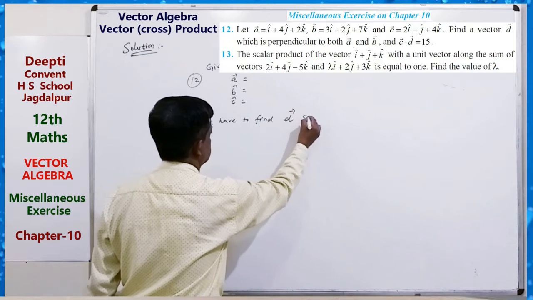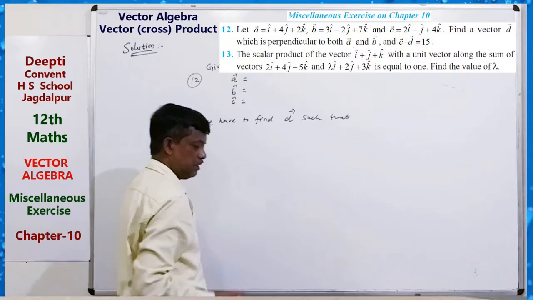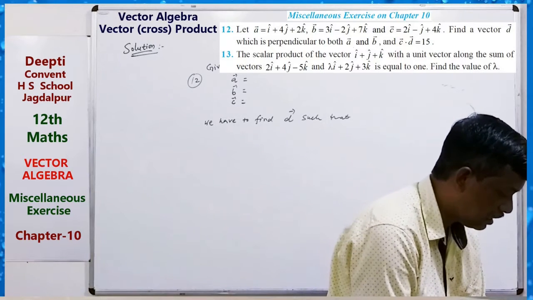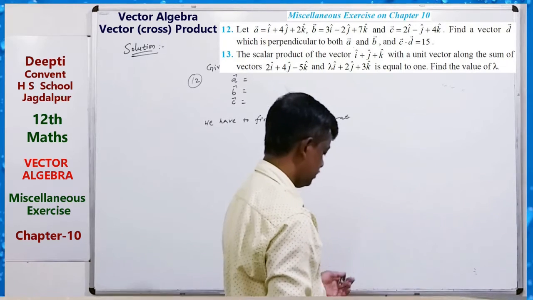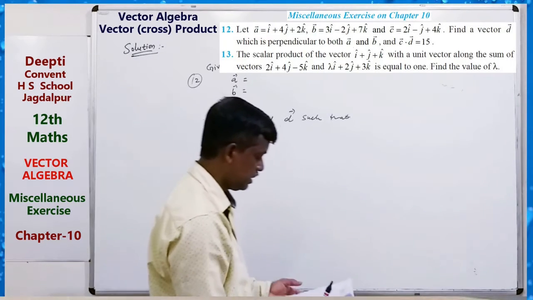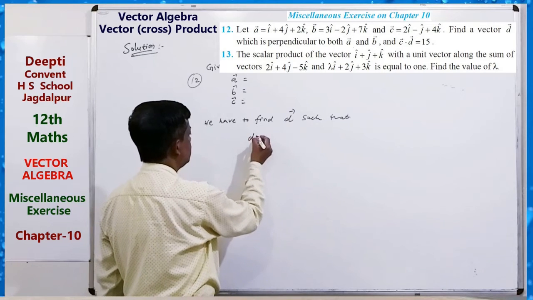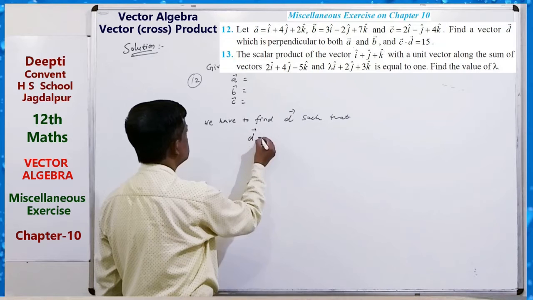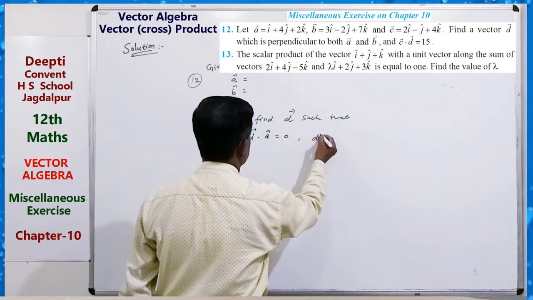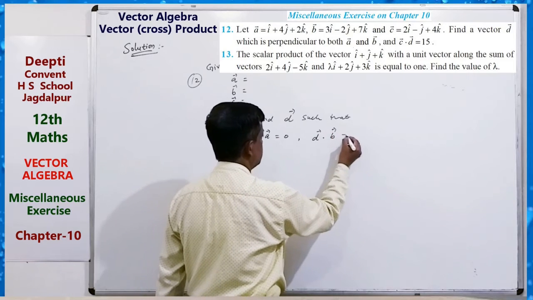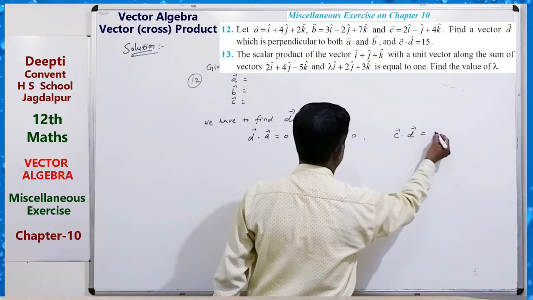vector D such that D dot A equals 0, D dot B equals 0, and C dot D equals 15.